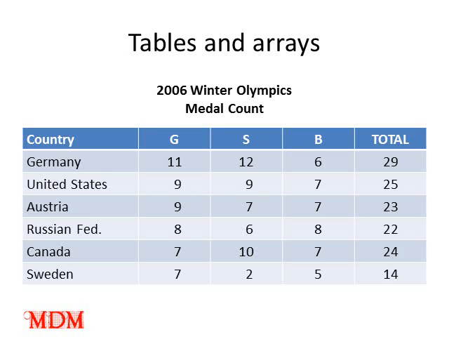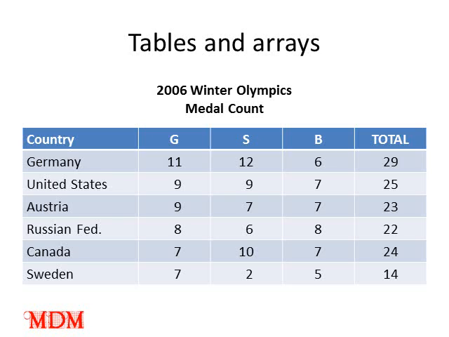Examine this information on the gold, silver, and bronze medals that were awarded at the 2006 Winter Olympics. What do each of the numbers in the row labeled Germany represent?